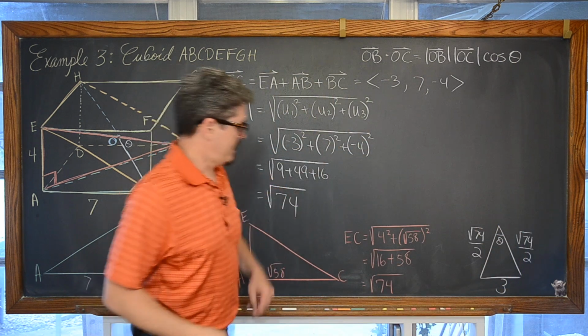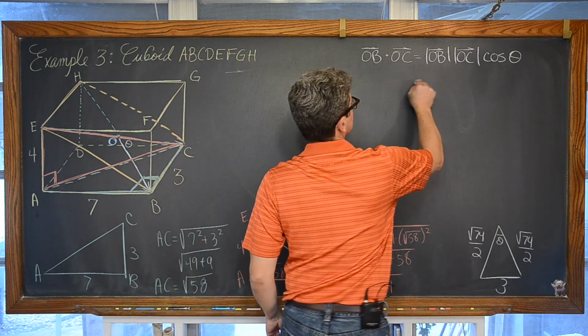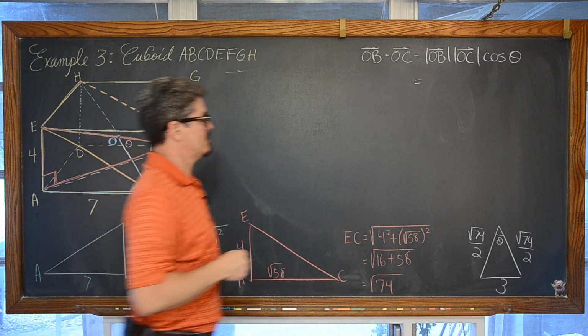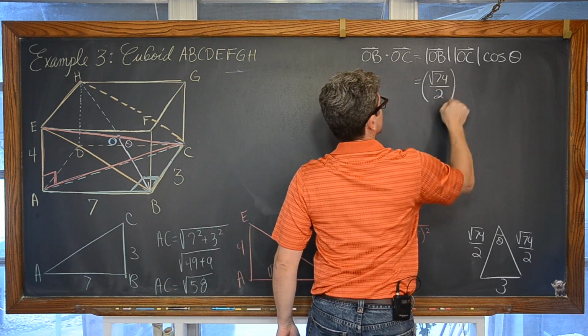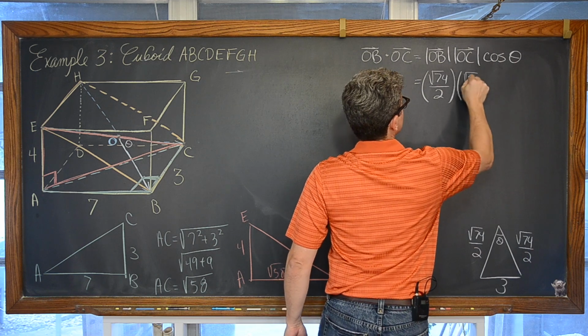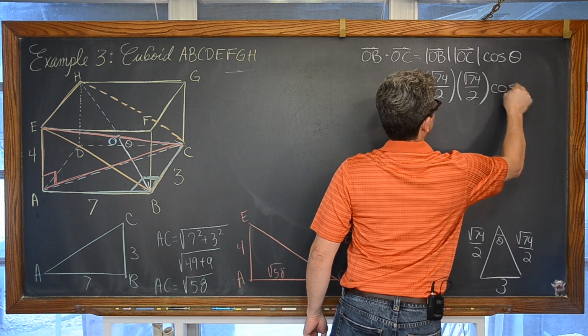And now we have a lot of stuff in the way, but our scalar product is going to be equal to the square root of 74 over 2 times the square root of 74 over 2 times the cosine.